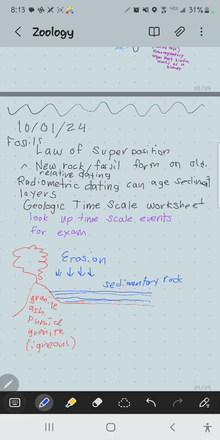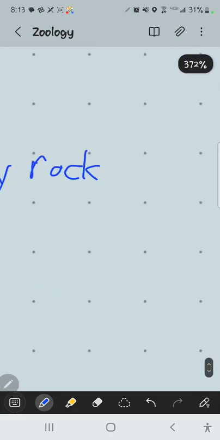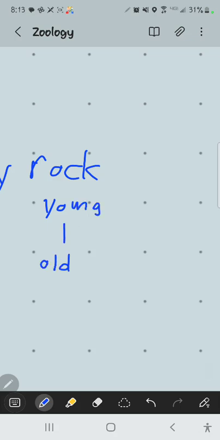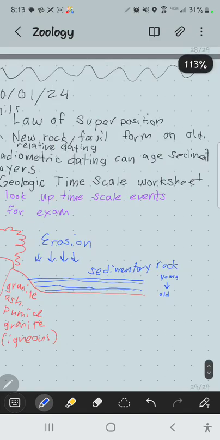As erosion happens, new material gets laid on top of older material. And so this is where the idea of, it's called Steno's law, but you can think of it as relative dating. Relative means that we have relatively younger layers here and relatively older layers there.